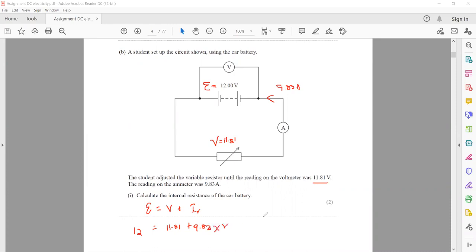So it will be 12 minus 11.81 divided by 9.83, that will give us the value of internal resistance, which will come out as 0.0193 ohms.